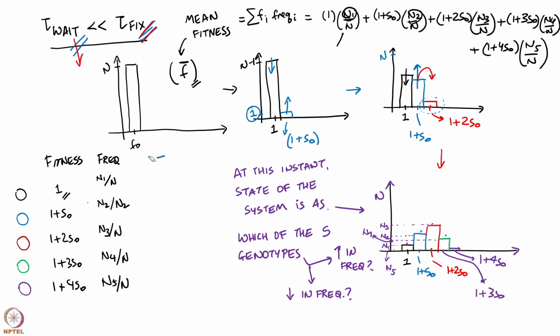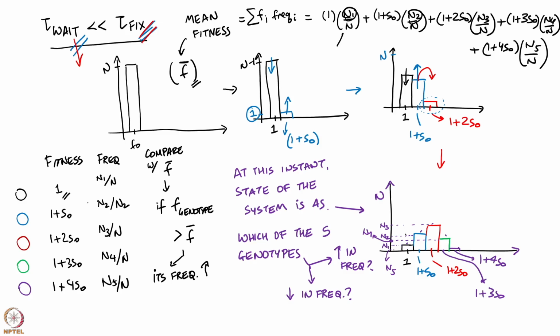I will write this here, compare with F bar, and for each genotype, if the fitness of a genotype is bigger than F bar, then its frequency is going up as of that instant, and conversely, if the fitness of a genotype is less than the mean fitness, then its frequency is going down as of that instant.